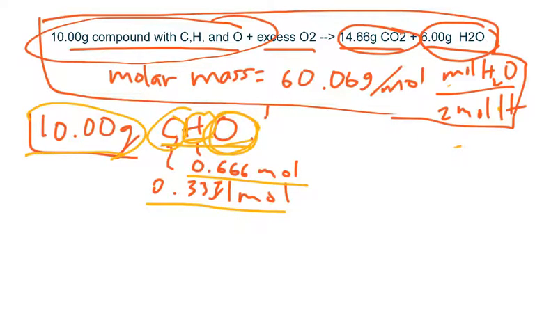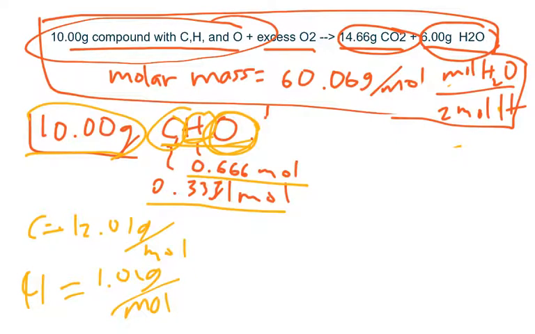Now let me show you how that is done. So we need to find the grams of C and H. The molar mass of C is 12.01 grams per mole. The molar mass of H is 1.01 grams per mole. So let's figure this out.